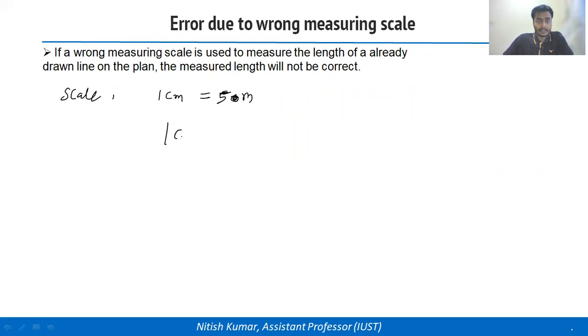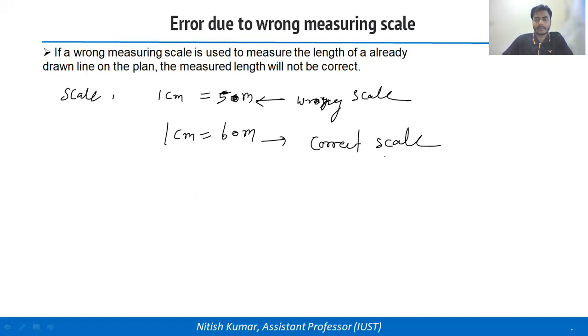So the correct scale was this, and this was the wrong scale. By mistake, they have done the measurement according to this scale, and this was the original correct scale.